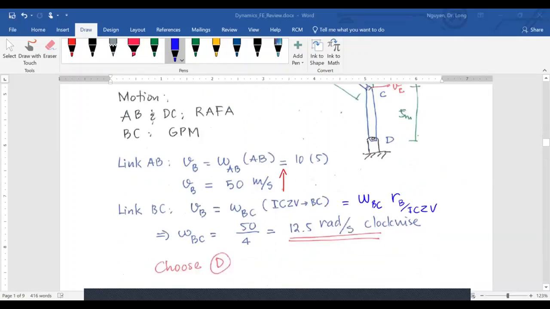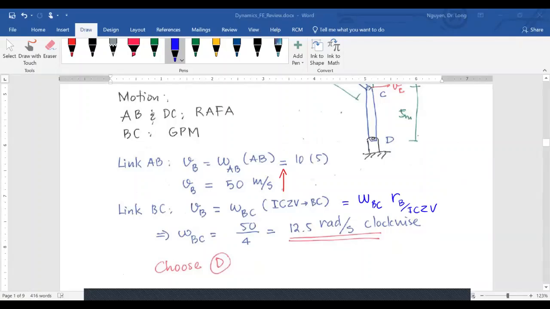So let's continue. Now you see the equation, the blue one. Then we can find out the omega BC. So 50 divided by 4, so 12.5 radians per second. And as you can see, let's figure out why it's clockwise.